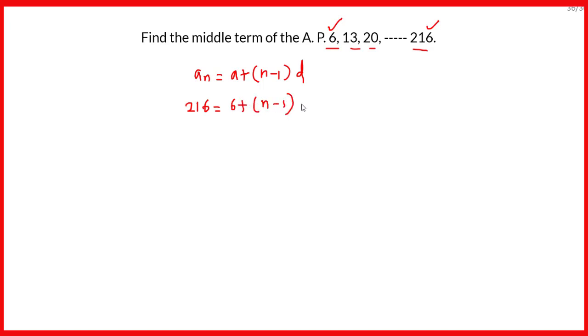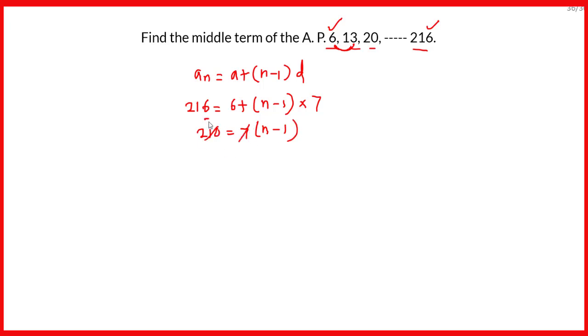N we have to find, the number of terms. So it will be n minus 1 into d, the common difference, that is second term minus first term. So 13 minus 6, that will be equal to 7. So the common difference will be 7. Now solve this, take 6 to this side. So it will be 216 minus 6, that will be 210, which is equal to 7 into bracket n minus 1.